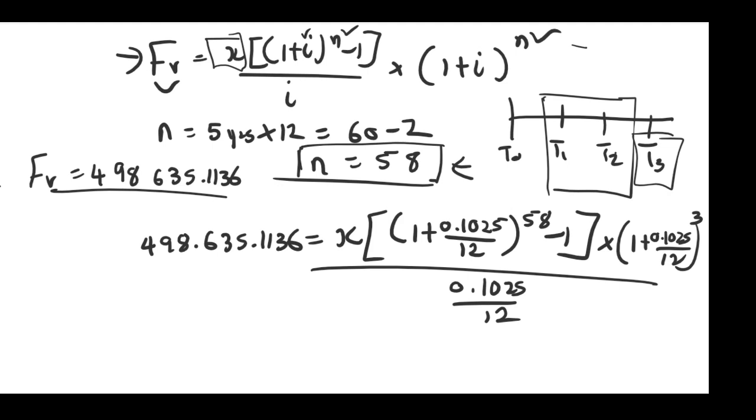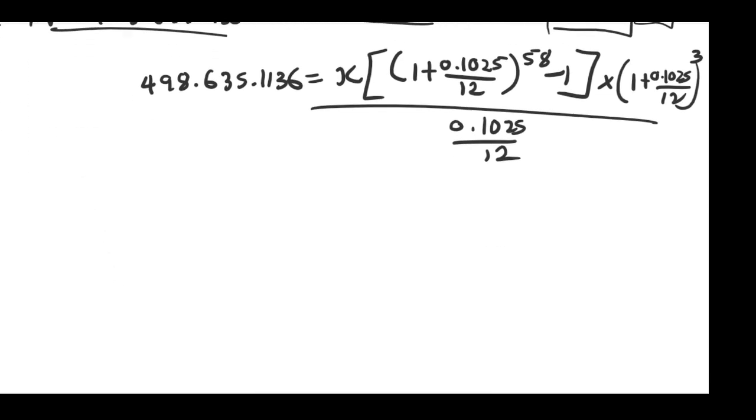So please simplify this, but I would advise you to just write the number as is. Do not round off because you might not get the exact amount towards the end of the question.